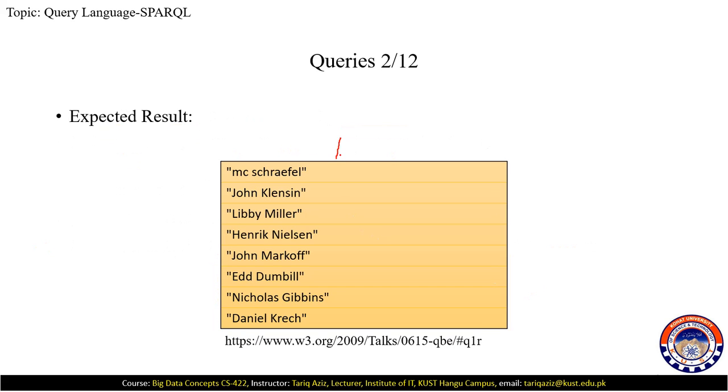This is the expected result. This query returned all the names of the people: John, Clinton, etc. So looking at the first query, it returned the names of the people.